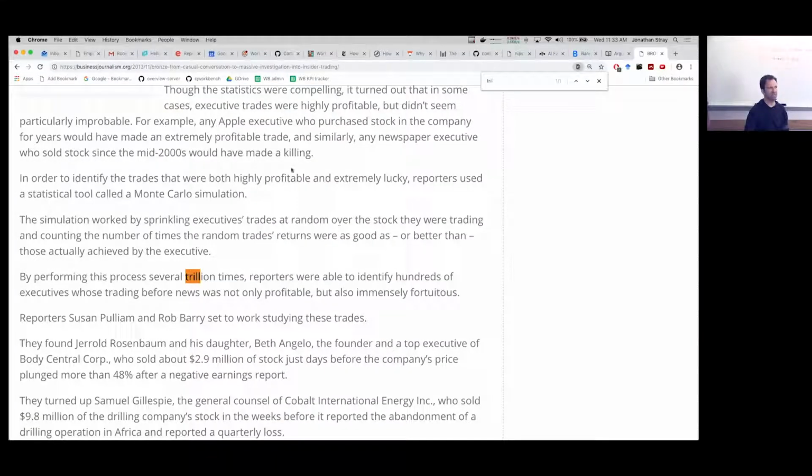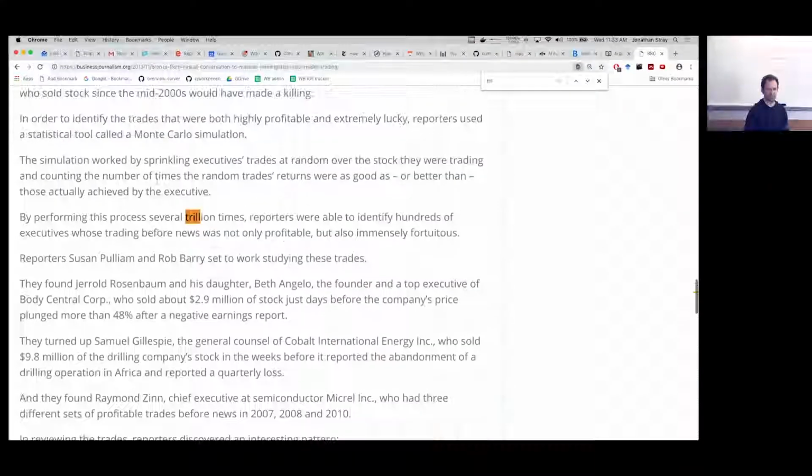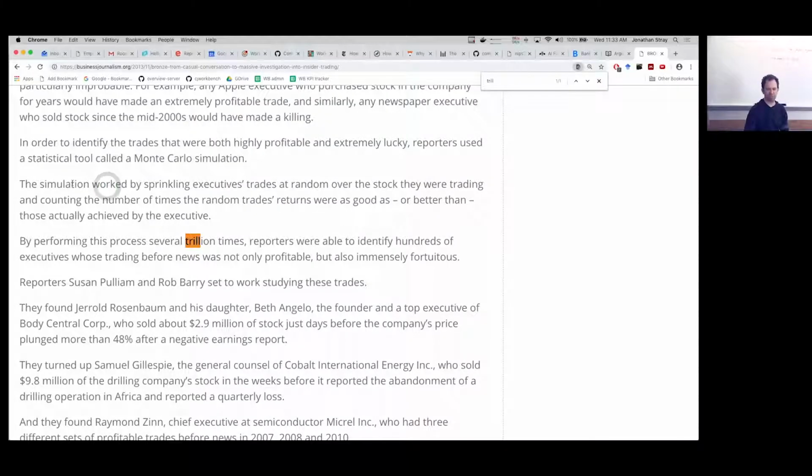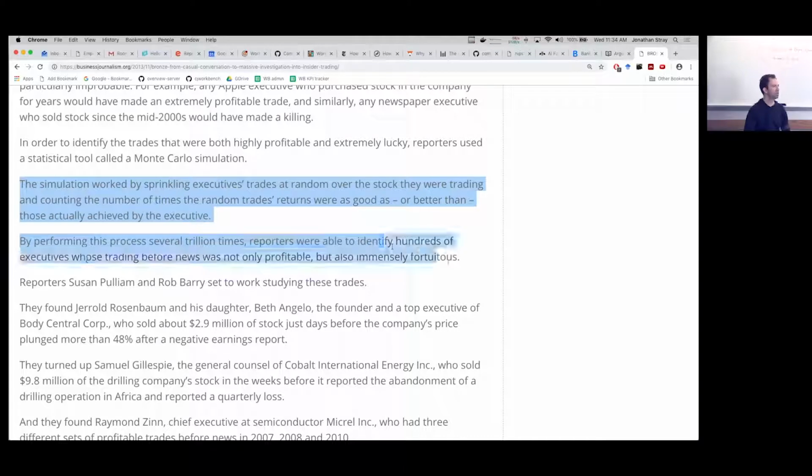But the problem is, sometimes you're just going to make money anyway because the stock is going up, right? Or down. So instead, what they did is simulation. They broke the link between the trades and the timing of the trades. They took the same trade, I sold this many shares, and said, okay, rather than it happening on this date before the news, let's pick a random day in the year and see how often you make this amount of money if there's no connection to the timing of the news.